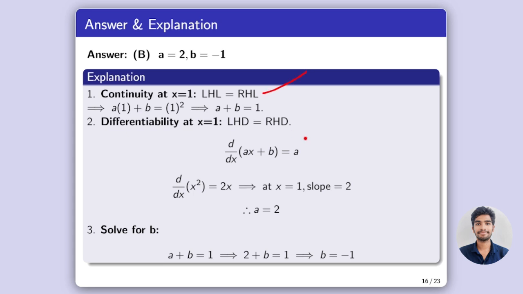So that is the continuity relation. For the differentiability relation, the left hand derivative is equal to the right hand derivative. By the combination of these two equations, by solving them, we got the B value. Wow, the question is very nice and a tricky question, right?